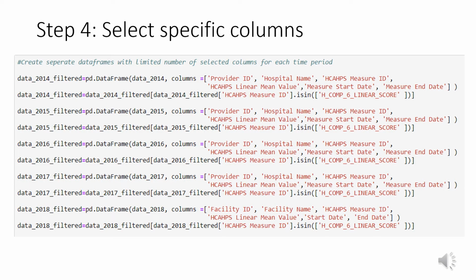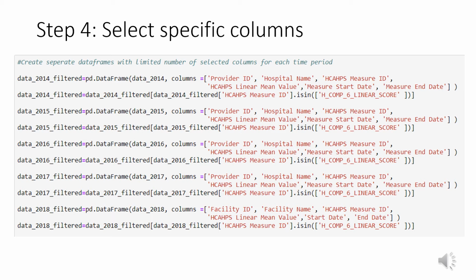Each of the original files have about 22 columns. We don't need all those columns in our analysis. So in this slide, I'm showing you how to minimize the number of columns and select only those that you need. And we're creating new data frames and naming them by the year. So we're using provider ID, hospital name, HCAHPS measure ID, HCAHPS linear mean value, measure start date, and measure end date.